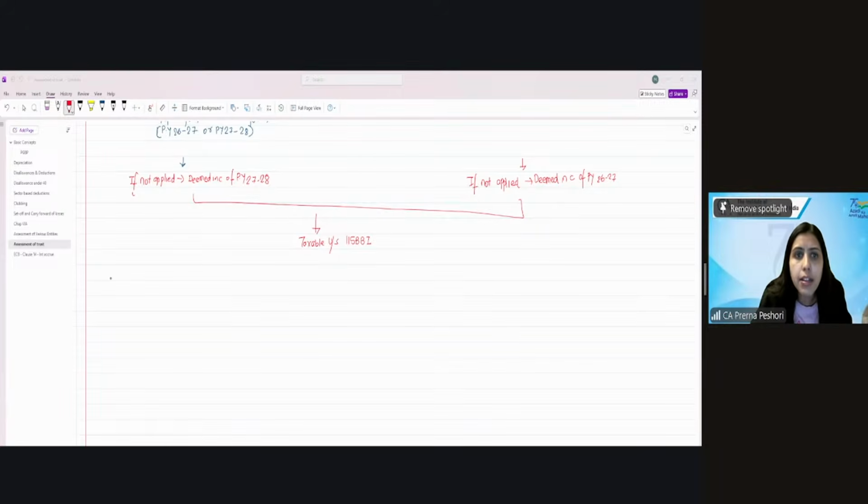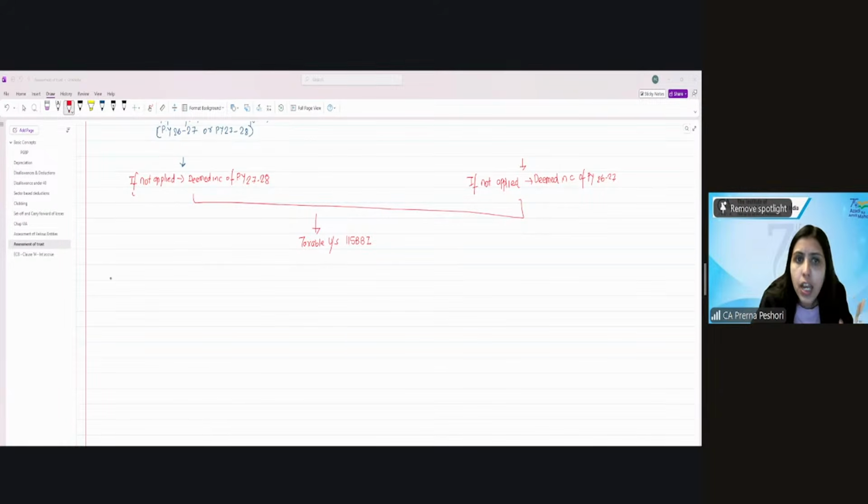Accumulate as in it can put the funds in the mode specified in 11(5), and it can take the permission from the AO that it wants to use it for so and so purpose, but it has not been able to do it at this point in time. And it will do it, let's say, after 4 years or 5 years later.